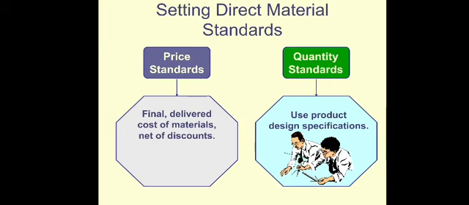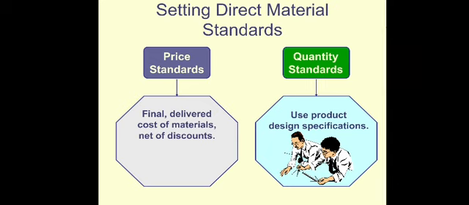So when you set the direct material standard, there are two elements related to the direct material standard. First, you have to set the price standard: how much is the price that you want to set for the direct material that you will use in the production process. And also you have to set the quantity standard: how many materials you want to use for the production process.